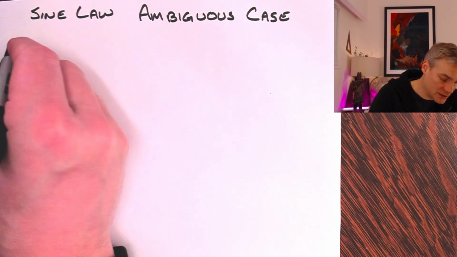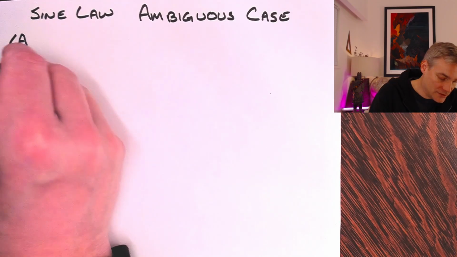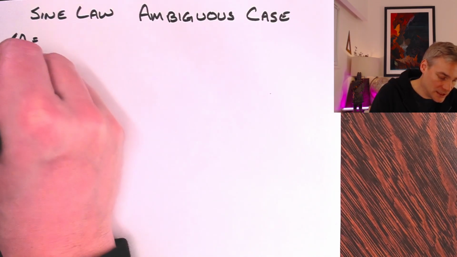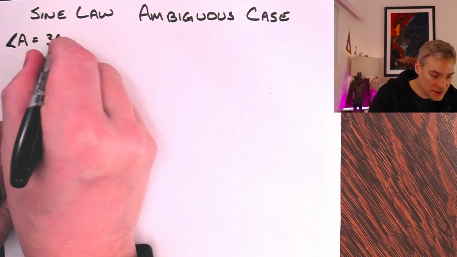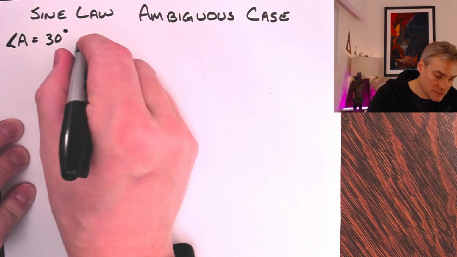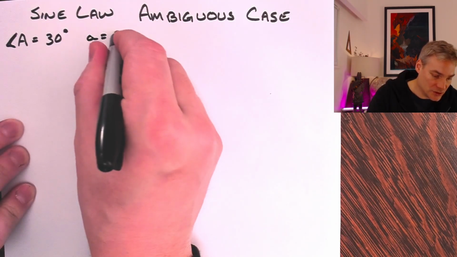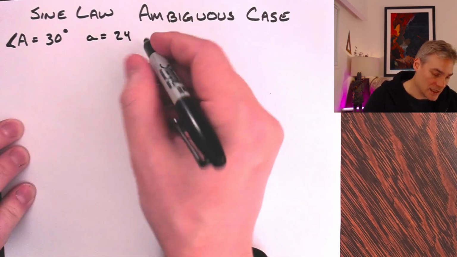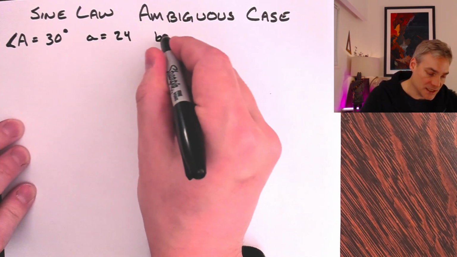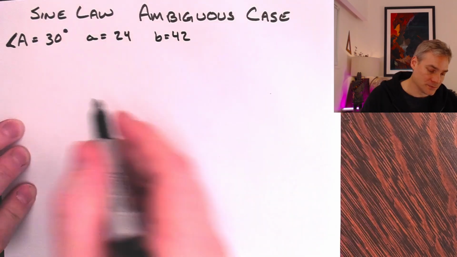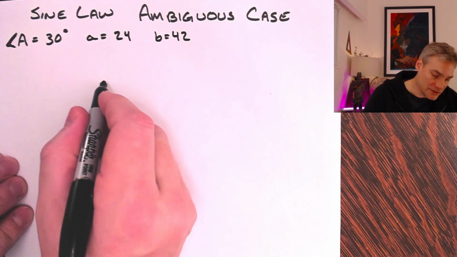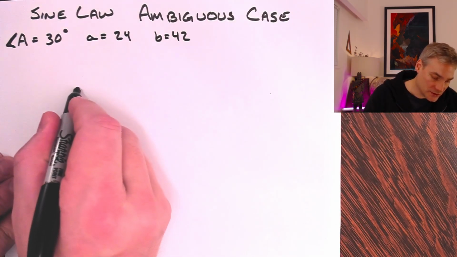Let's say we have the angle A. That's an angle A of 30 degrees. My side a is 24, and I have this other side b, and that's going to be 42. So if I want this angle, I'm just going to draw this out.